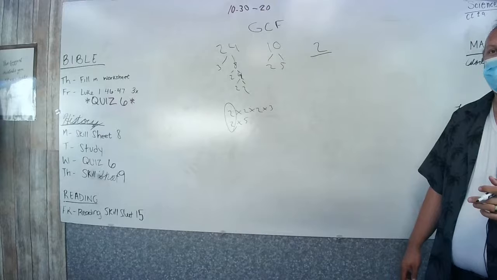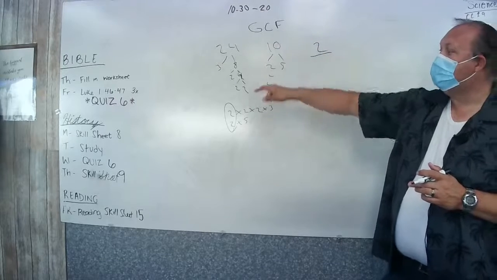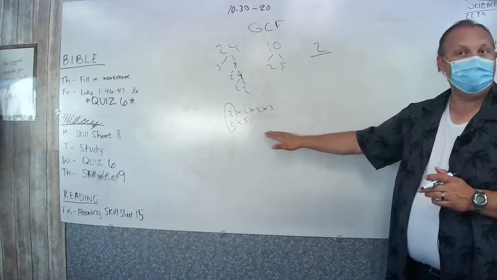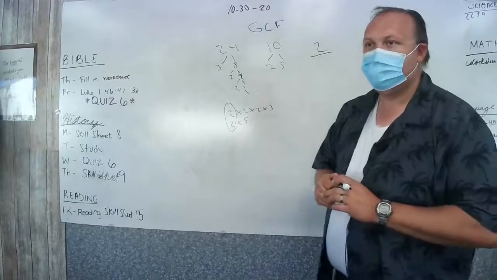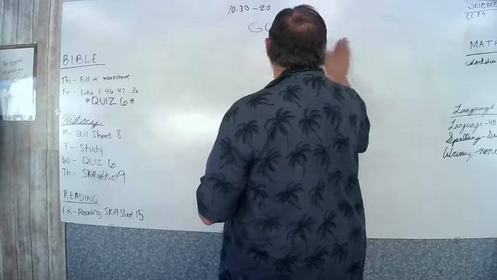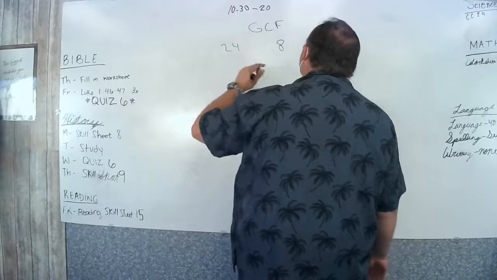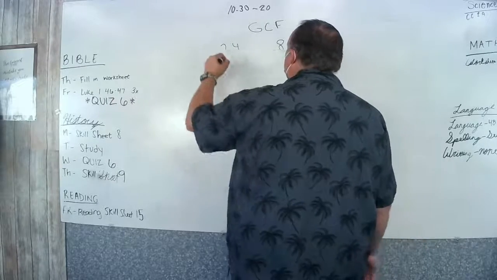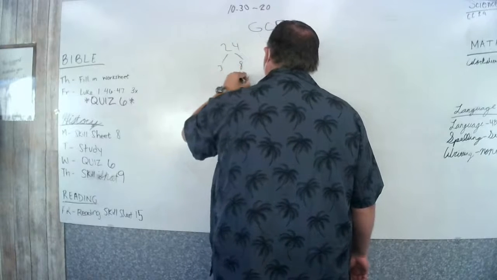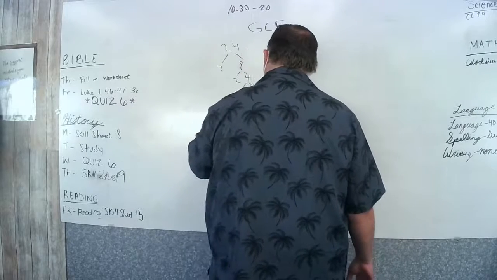Okay? So what we're looking for is greatest common factor. We're looking for factors that are in common. So we have 2 times 2 times 2 times 3.